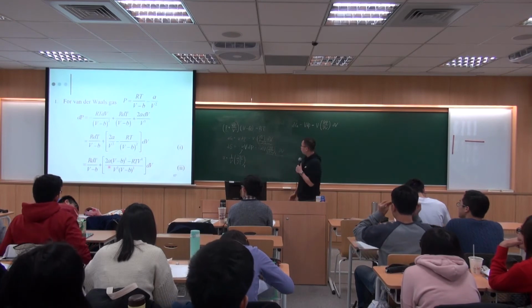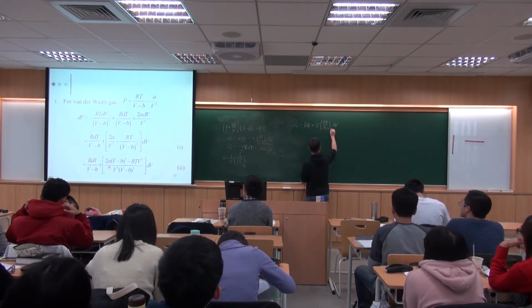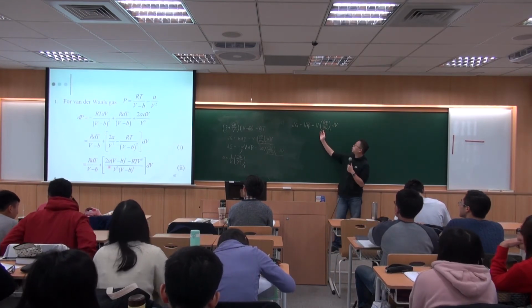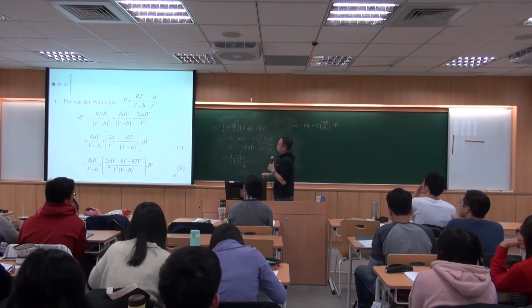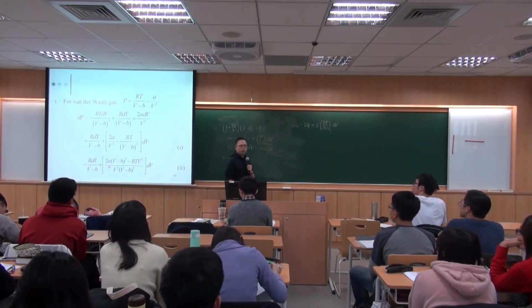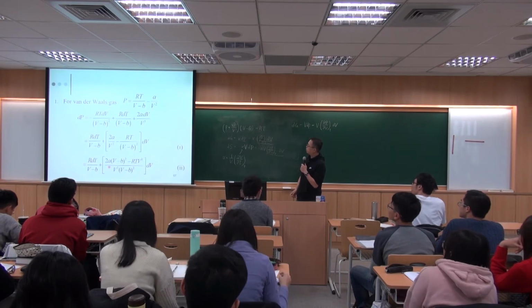But in our case, if we use this, it's actually more straightforward. Because now we know that what we want to calculate is partial P partial V. And later you'll see that it is this term, right? Because that is dP over dV. So that's the term we're going to figure out.